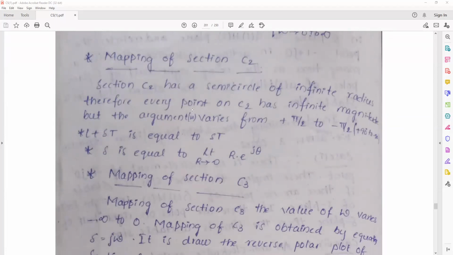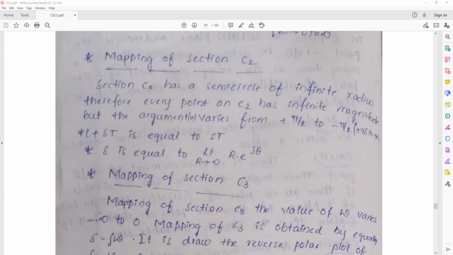Okay, so it varies from plus 90 to minus 90. 1 plus st is taken as only st. And S is equal to the limit r tends to infinity, r into e power j theta.